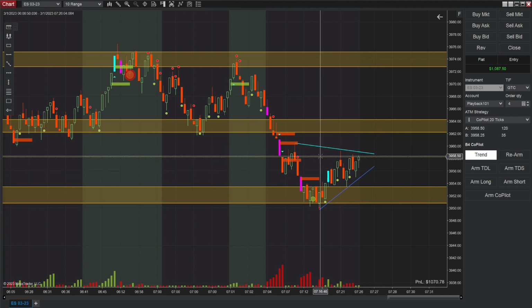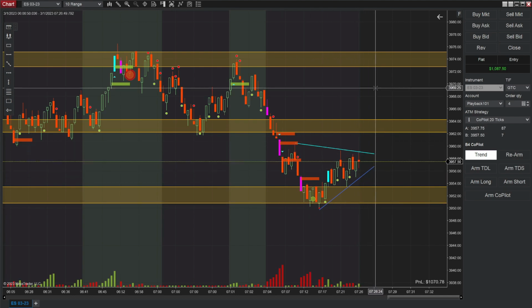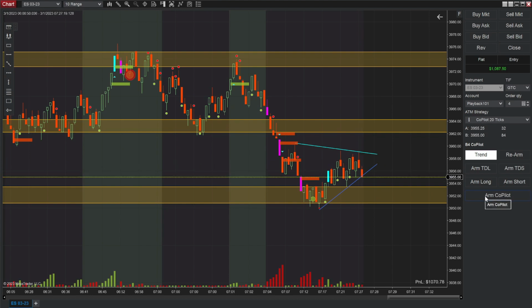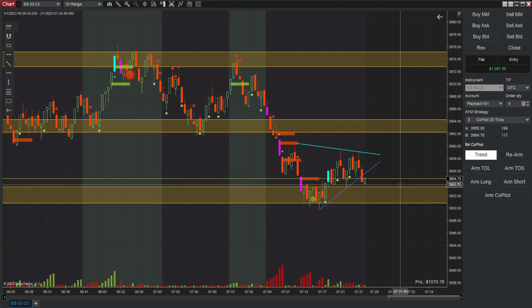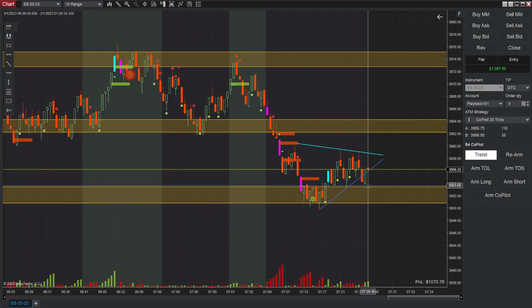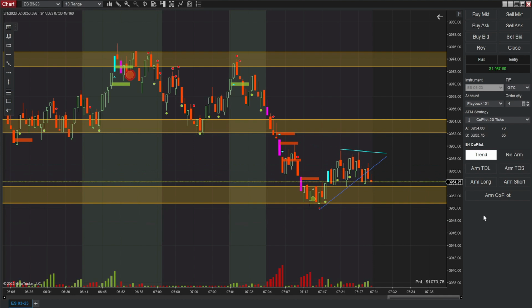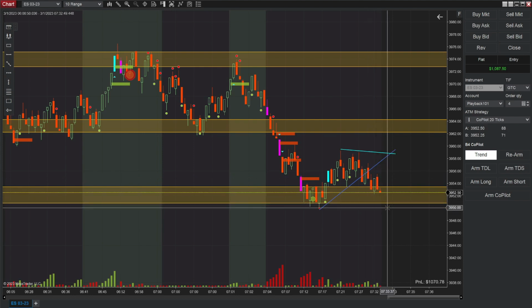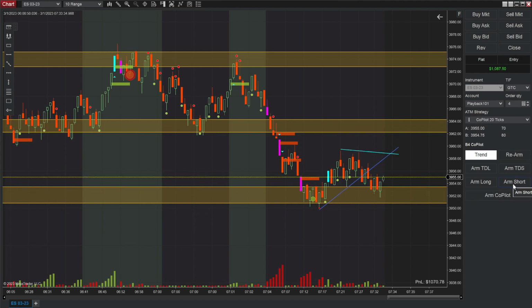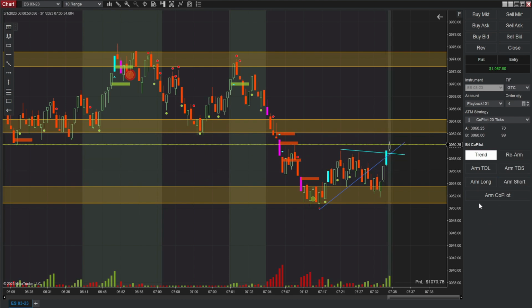Nice wedge forming there with our auto trend lines. Things are setting up.